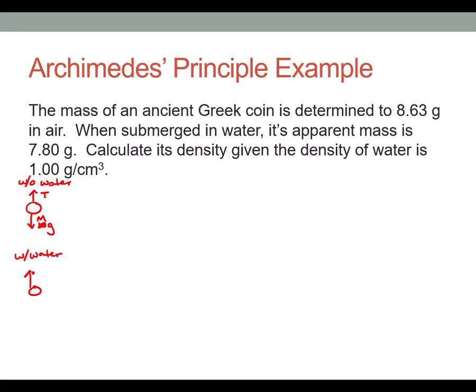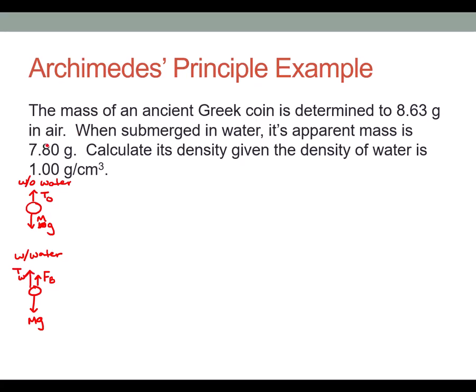Now there's an extra force on it: there's the tension, there's the buoyant force, and there's still its weight. As you might be noticing, those two T's are not the same. I agree completely. So I'm going to call this one TO, for without the water, and TW, for with the water.